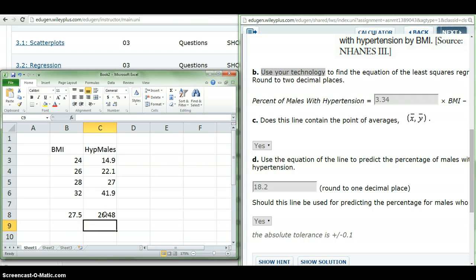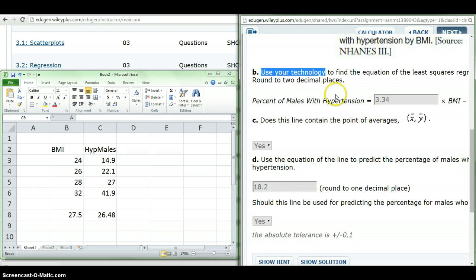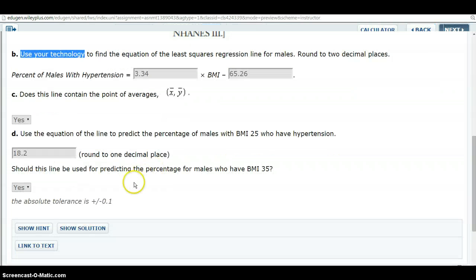Now, is that on the line I came up with? Well, I'd have to plug in the 27.5 times 3.34, subtract 65.26, and I should indeed get something around 26.48 because that point really is on the line.